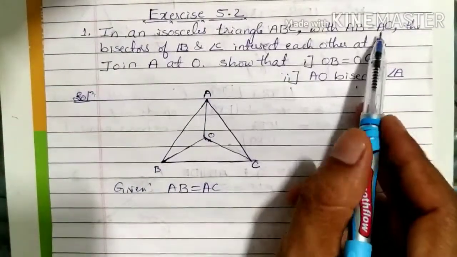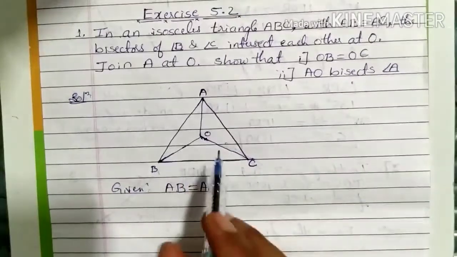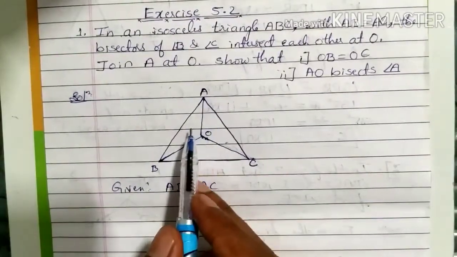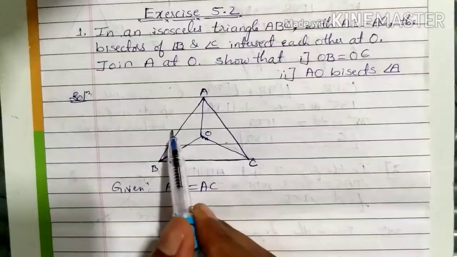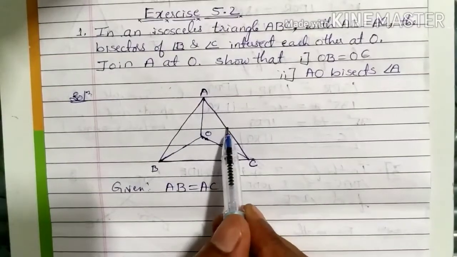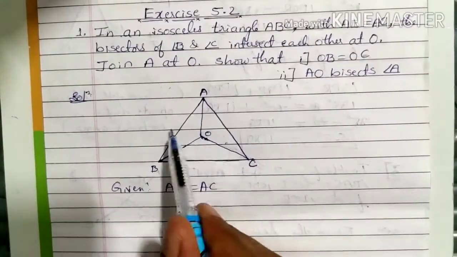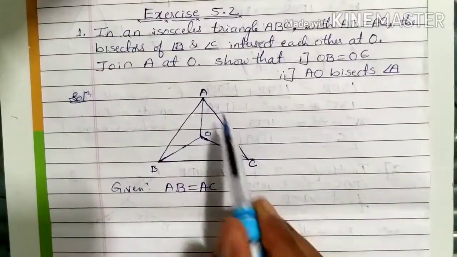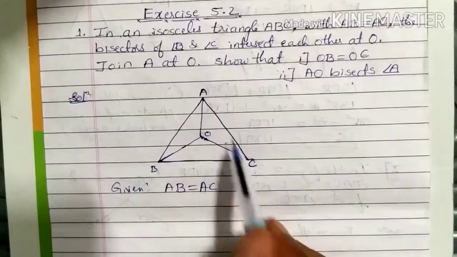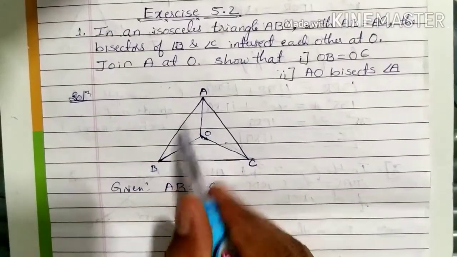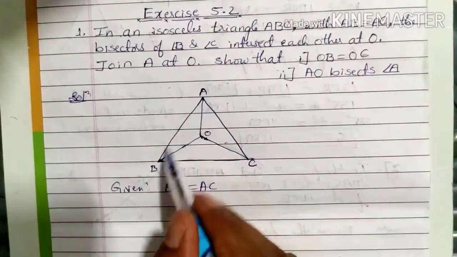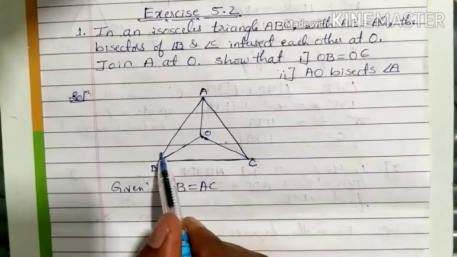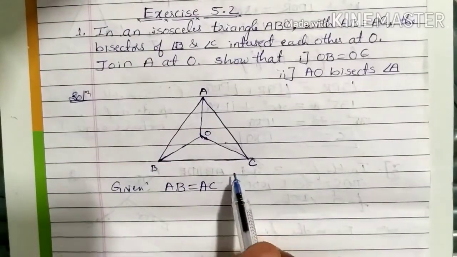We know that in an isosceles triangle, two sides are equal, so the angles opposite to those two sides are equal. The angle opposite to AB is angle C, that is ACB, and the angle opposite to AC is ABC. So angle B and angle C are equal.